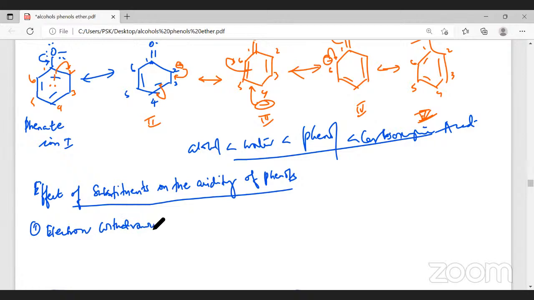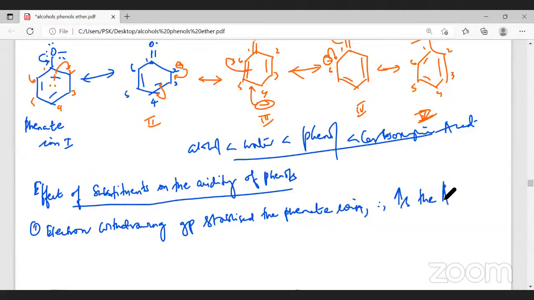Electron withdrawing group stabilizes the phenate ion, and the stabilization is because of resonance. Therefore it increases the acidity of phenol.